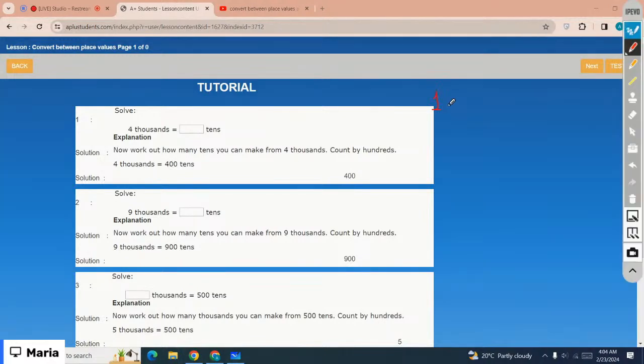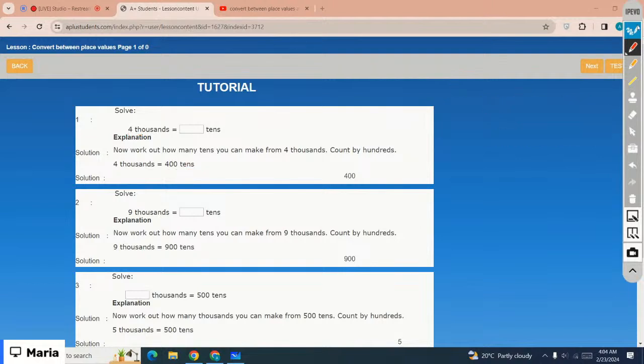In 100 you have 10 tens. In 1000 you have 100 tens. You have 4000, so there you have 400 tens. The correct option is 400.